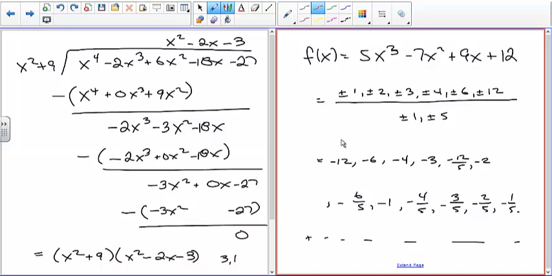Those are all the whole number ones, dividing by plus and minus 1. And then you'd have all the fractions, 12 fifths, 6 fifths, 4 fifths, 3 fifths, 2 fifths, 1 fifth. Okay, so that's all I'm asking you to do, is to list all the possible rational zeros.